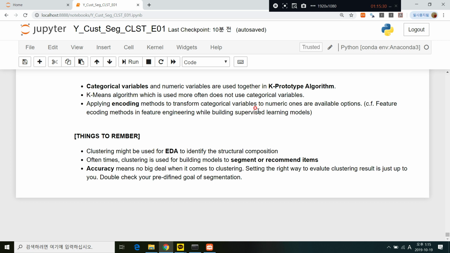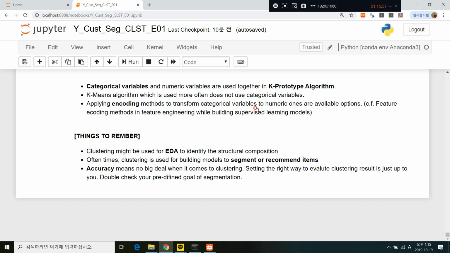In other cases, you can use clustering techniques to build a good recommendation. And one more thing to remember is that accuracy is not a very important thing when it comes to clustering. Accuracy, what does that mean in clustering?